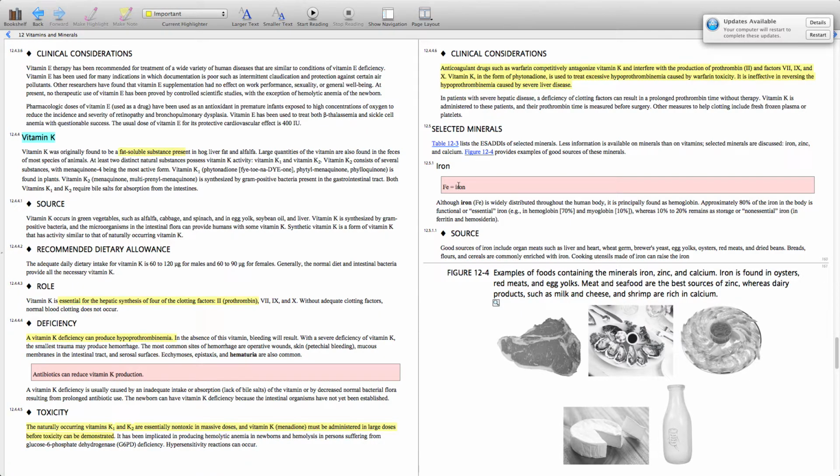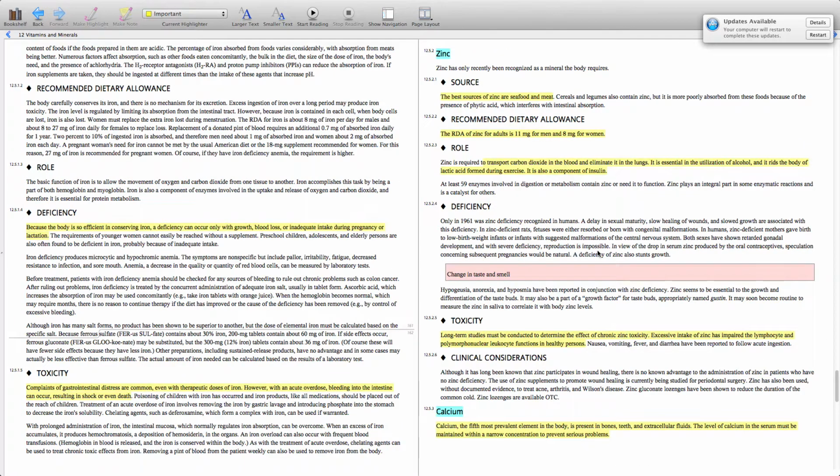Okay, and then here's iron. Very important also in the body. Found in a lot of green vegetables, I believe. Oh, here we go. Meats, liver, heart, wheat germ. Okay, so they're mainly found in meats. I thought they were still found in broccoli and stuff, but I guess not.